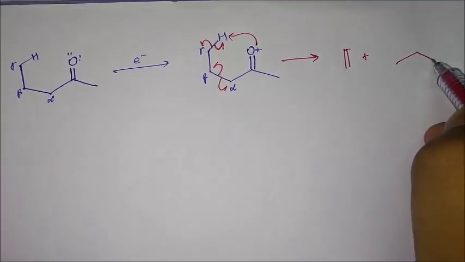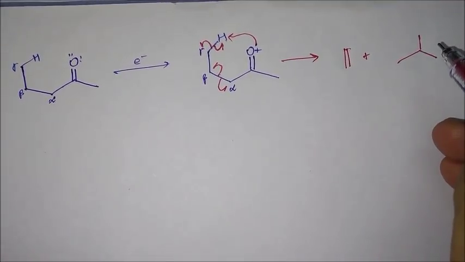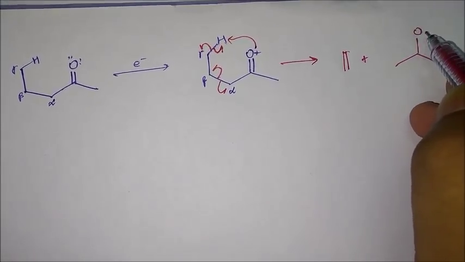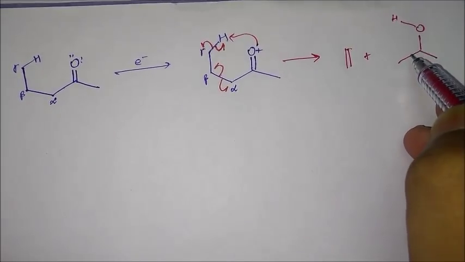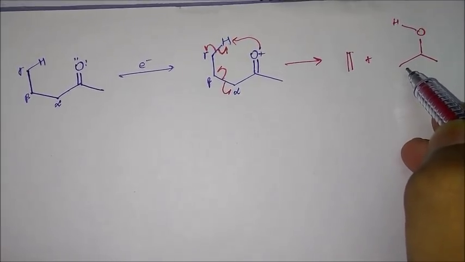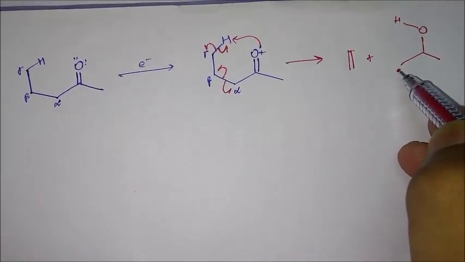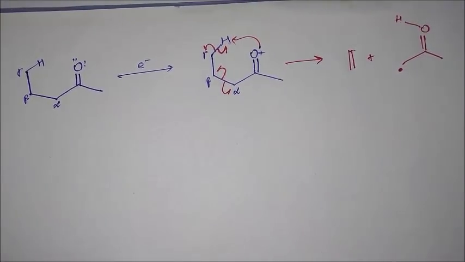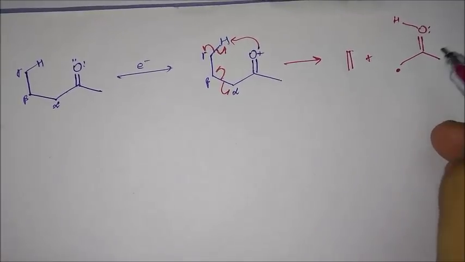Nothing has happened here, then a single bond here, the oxygen is here, and the oxygen has formed a bond with this proton. And one free radical was formed here, and this was the carbon-carbon double bond. So like this. Now what will happen again?